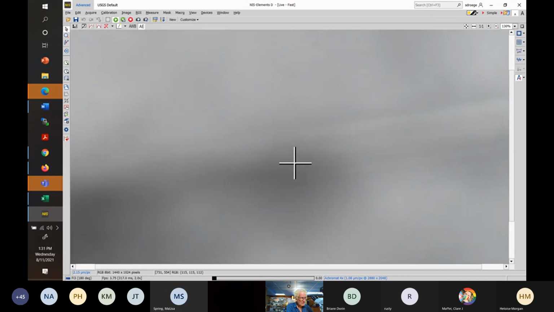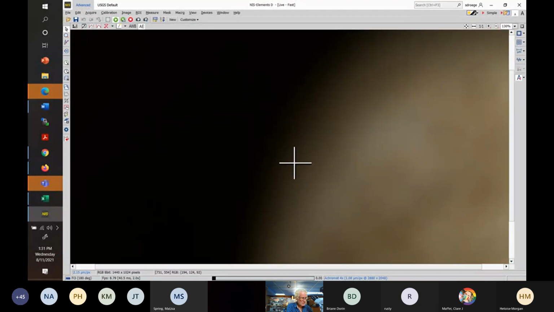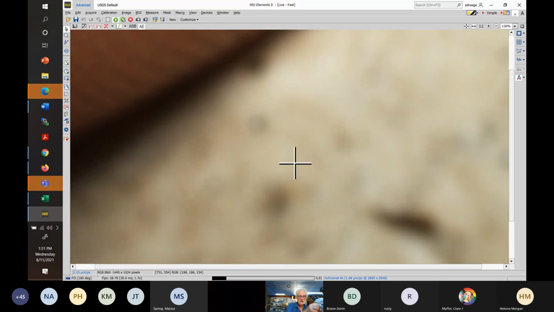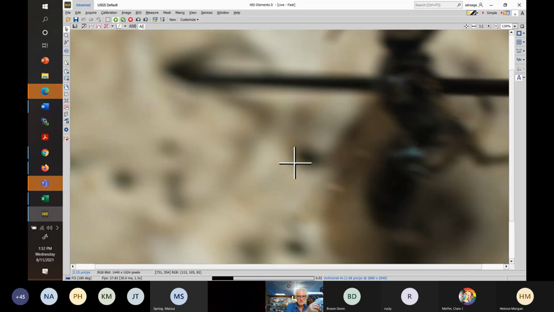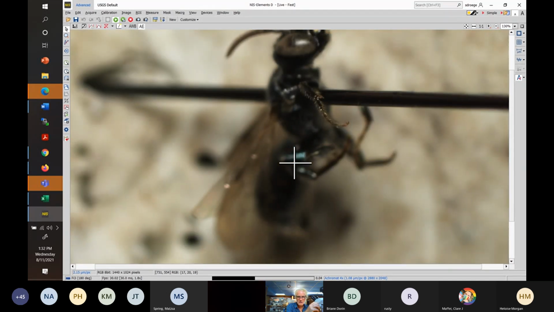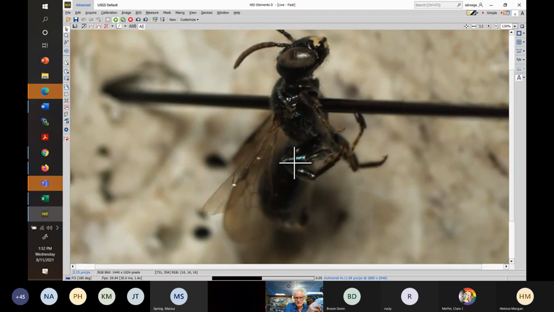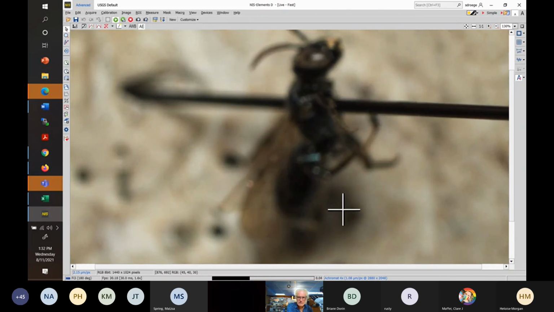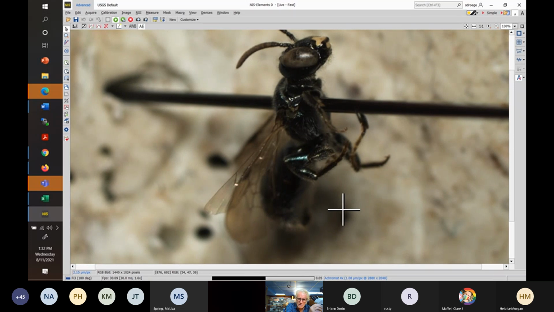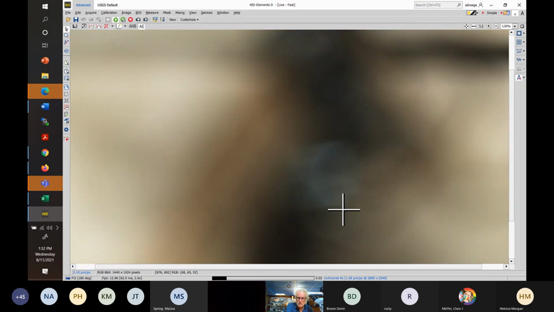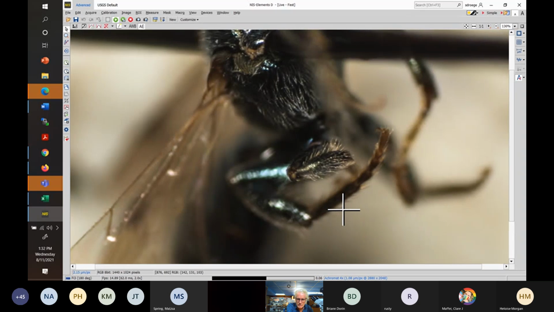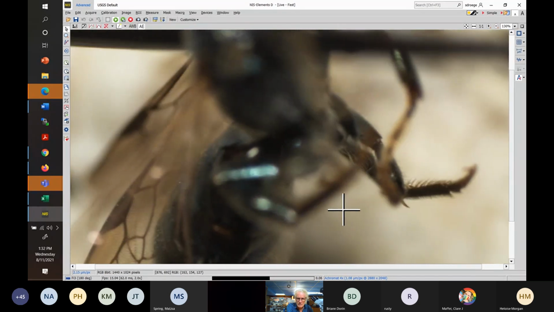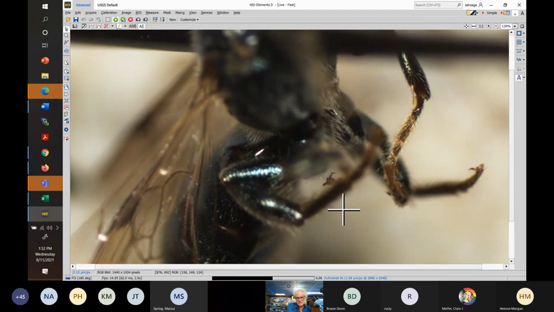All right, so now we're going to look at the rear femur, which is a key character in Ceratina male, not female, discrimination. I've got to get the angle right, though. This is a good specimen, but I'm not sure that I have the angle set very nicely. Let me just see.